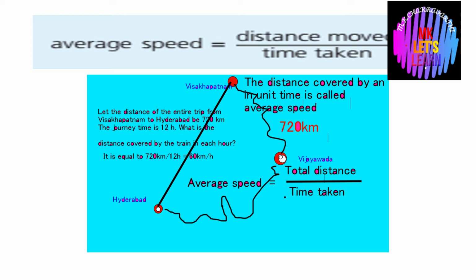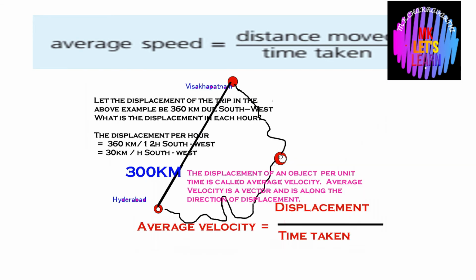Look at this example. If a train travels 720 kilometers from Hyderabad to Visakhapatnam, let us assume in 12 hours, its average speed is 720 kilometers divided by 12 hours. That is equal to 60 kilometers per hour. Actually, the speedometer would certainly not read 60 kilometers per hour for the whole journey, but might vary considerably from this value.